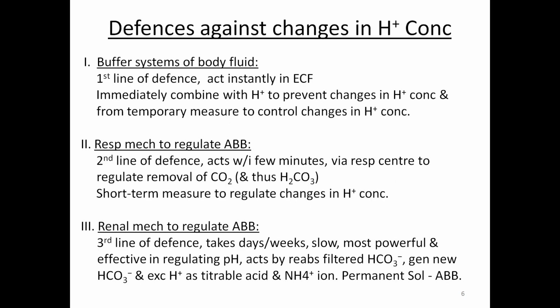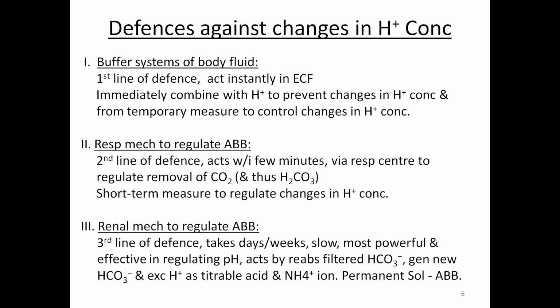Now, what are the defenses in our body against changes in hydrogen ion concentration? There are basically 3 lines of defense to regulate body's acid-base balance and maintain the blood pH around, as I said, 7.4. This defense system is made by the buffer systems of body fluid.